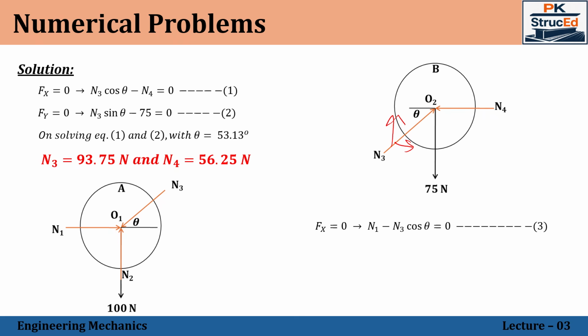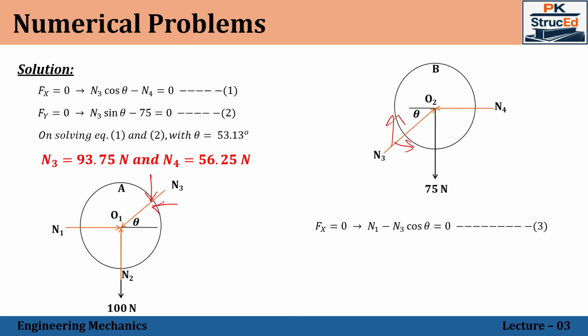Resolving this force, its x component will be negative since it is acting towards the left side. The angle is given with respect to the x-axis, so it will be N3 cos theta with a negative sign. N2 and the 100 Newton weight are purely vertical forces, so they will not have any influence on the x component. So the x equation becomes N1 minus N3 cos theta equal to 0.